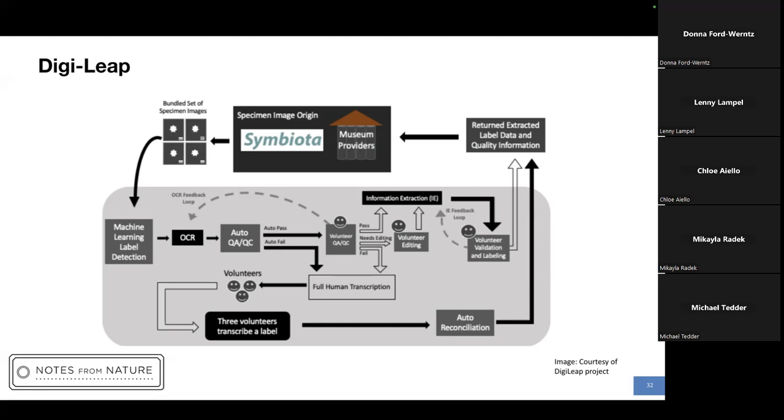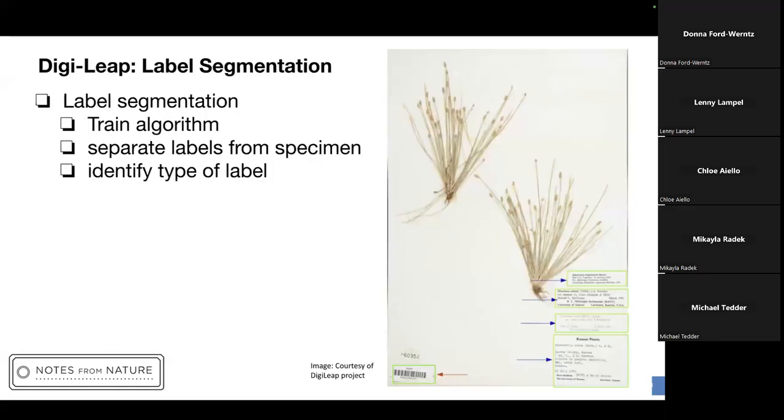The other thing that we can do is utilize humans to help us train the algorithm. For example, we can ask them to tell us where the labels are on the specimen, to make sure that we characterize the labels correctly that are on the sheet, separating barcodes from annotation labels and this sort of thing.